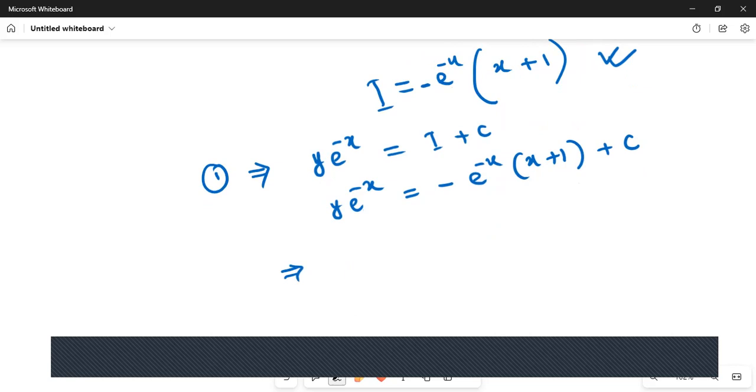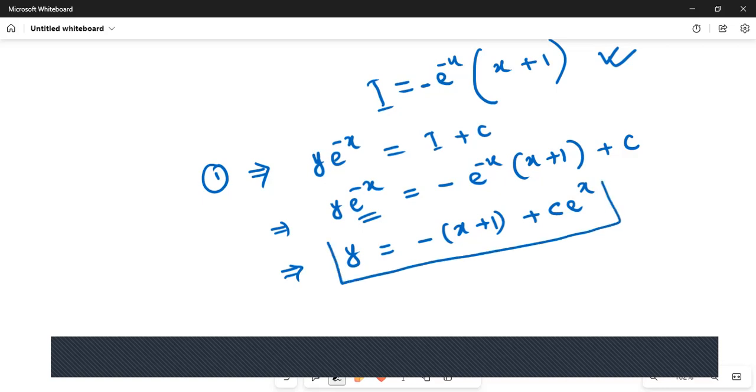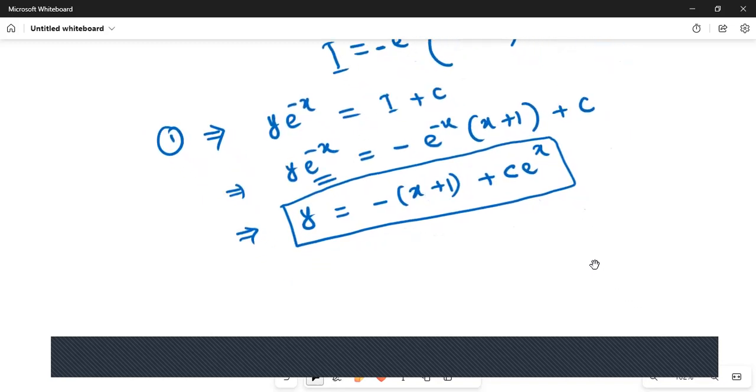Then I will shift this e power minus x towards the right-hand side. So you will get y equals minus (x plus 1) plus c e power plus x, right? So that becomes your y. Did you understand this step? Did you understand?